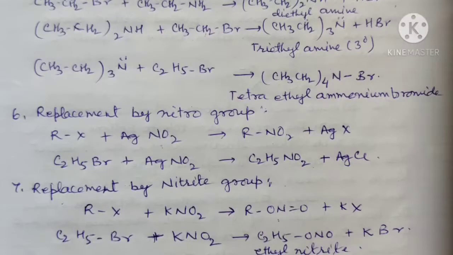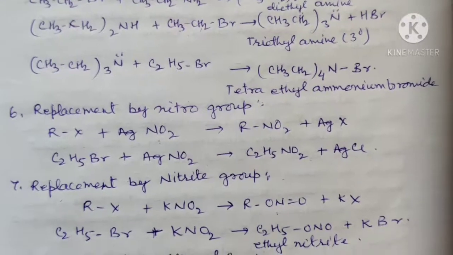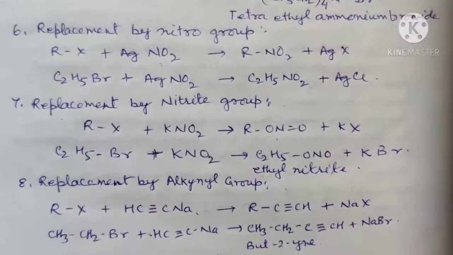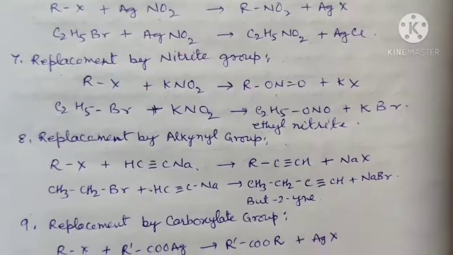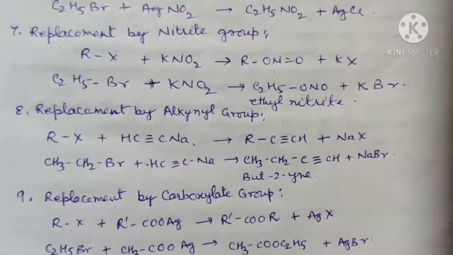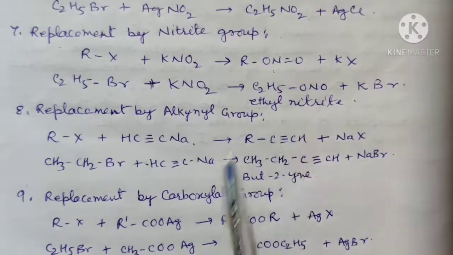Therefore, the negative charge on the oxygen atom serves as the attacking site, and that's why a bond is formed between oxygen and carbon, and then ethyl nitrite will form. So when we do it with silver nitrite, there is formation of nitro compound. When we do it with potassium nitrite, the main product will be alkyl nitrite. So its name is ethyl nitrite.